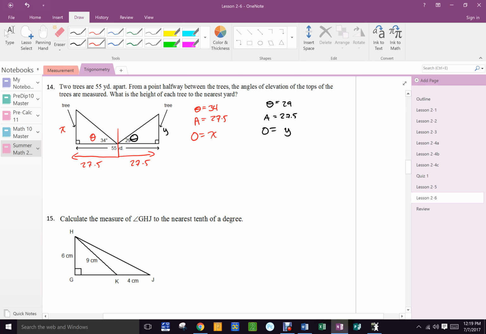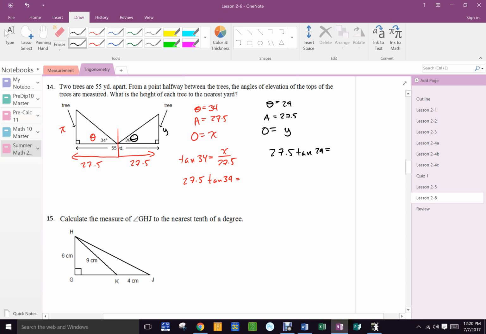So, of course, A and O is tan. Tan 34 equals x over 27.5. So 27.5 times tan 34 equals, and over here, it's going to be 27.5 times tan 29 equals.